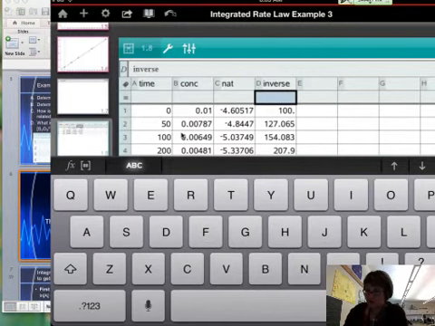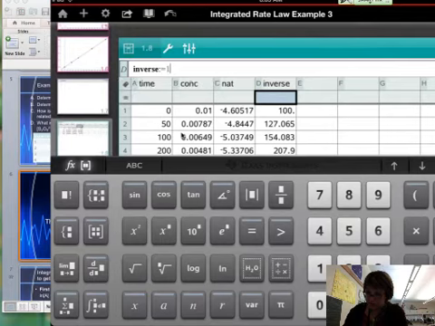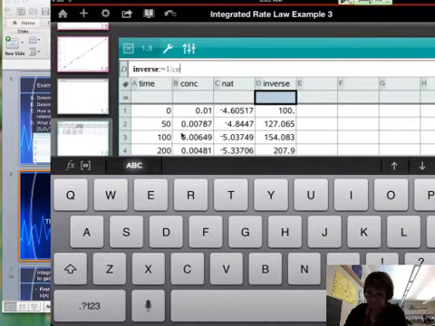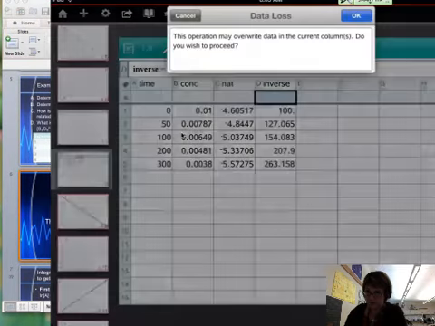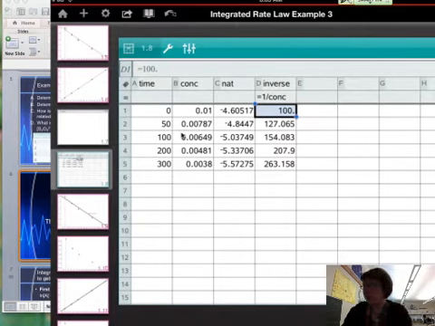So if I have the inverse, that means it's going to be 1 divided by the concentration. Let me type that in. And there we go. It's basically flipping it over, making it a fraction, right? So let's look at this data.